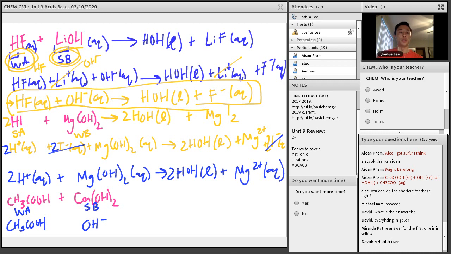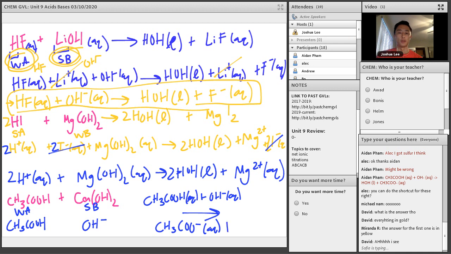So then when I go about doing this, the answer would be CH3COOH aqueous plus OH minus aqueous arrow, just because I don't have room. CH3COO minus. Remember, we take off the H from the COOH part, plus HOH.